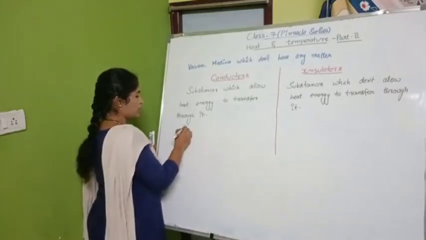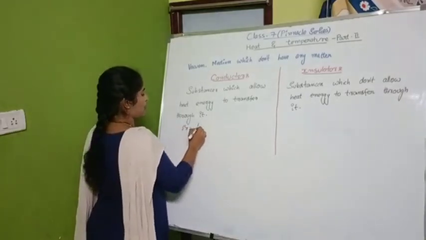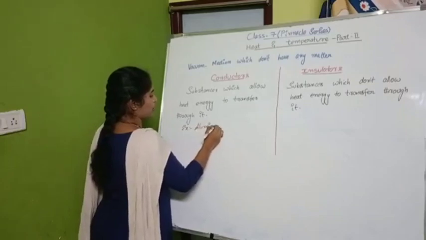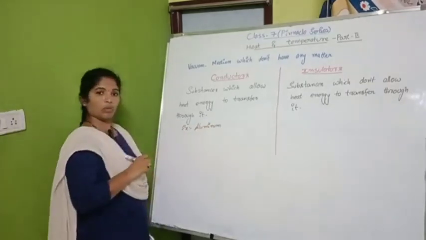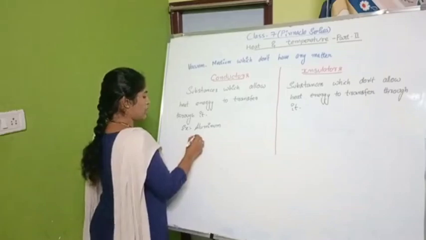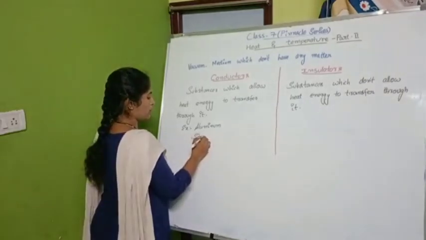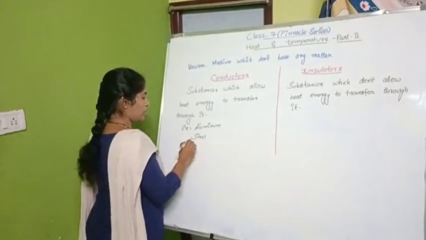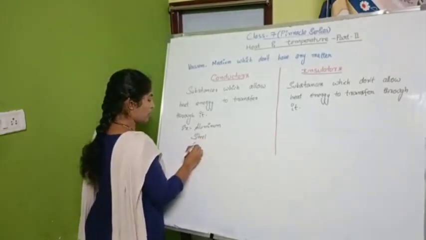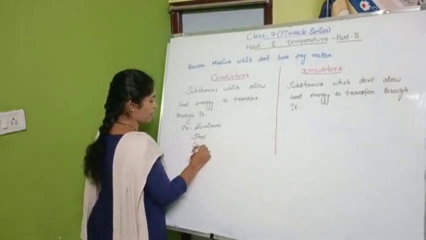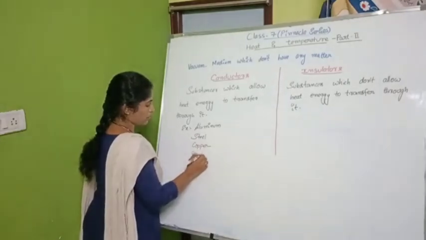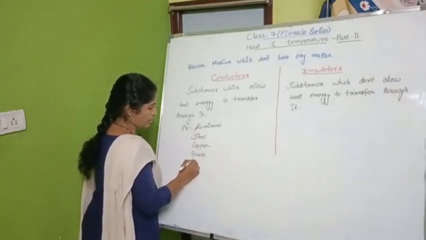Examples of conductors: aluminium, or most of your cooking vessels are made up of aluminium, steel. Why? They are good conductors of heat. Steel, aluminium, copper, brass, silver. Why do we wear silver?